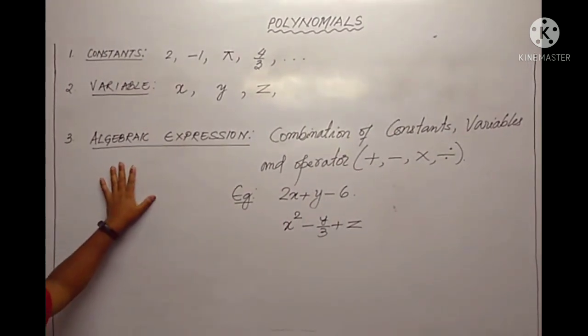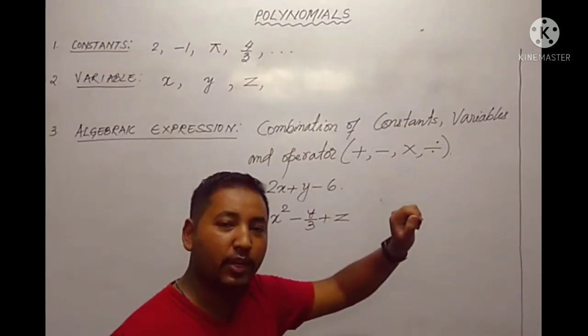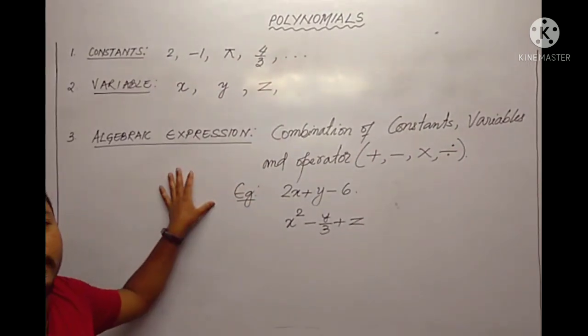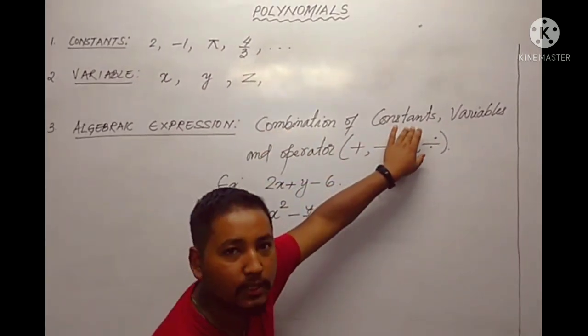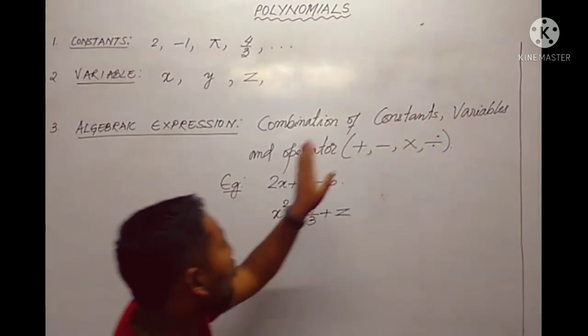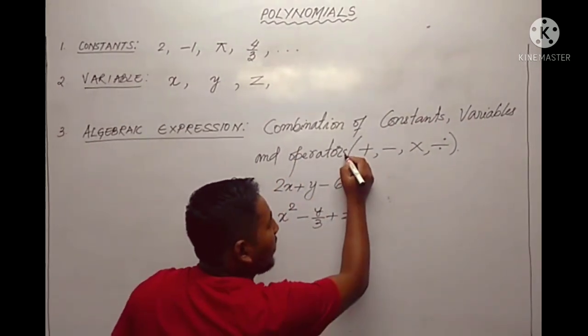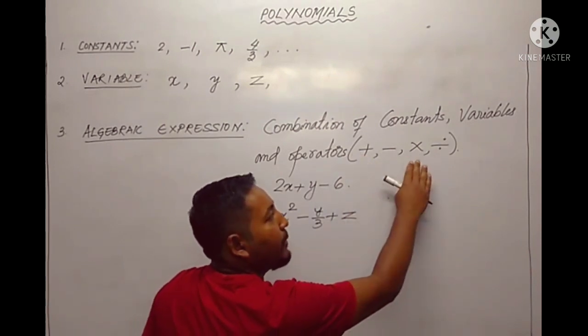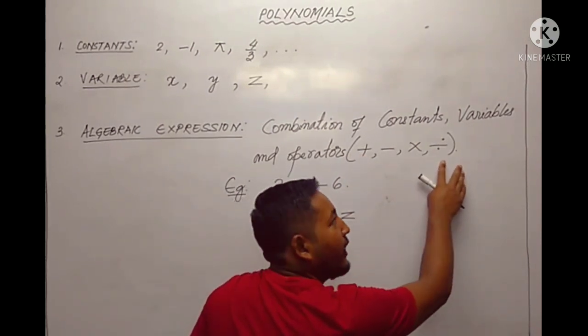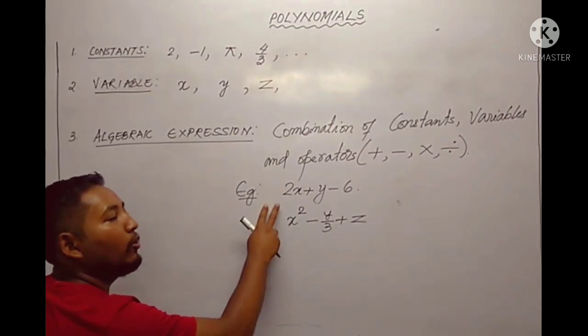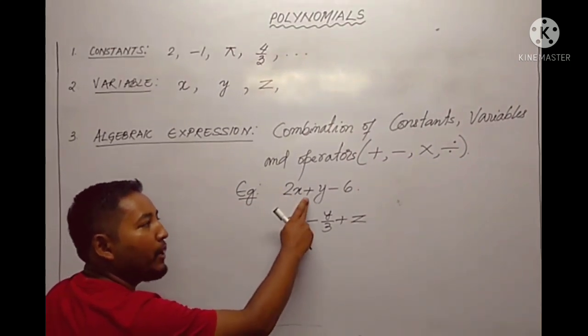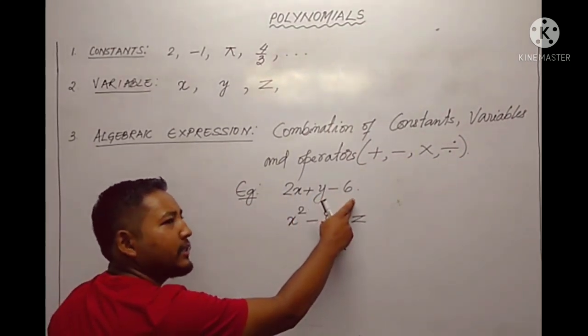Next, algebraic expression. An algebraic expression is a combination of constants, variables along with the operators. Operators are plus, minus, multiply, division. For example, 2x plus y minus 6.